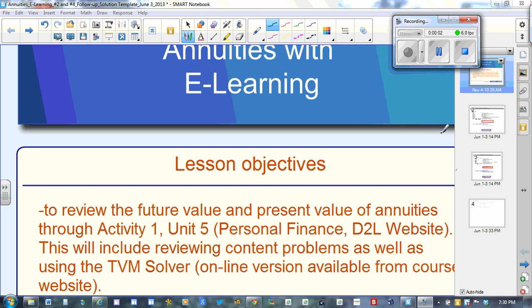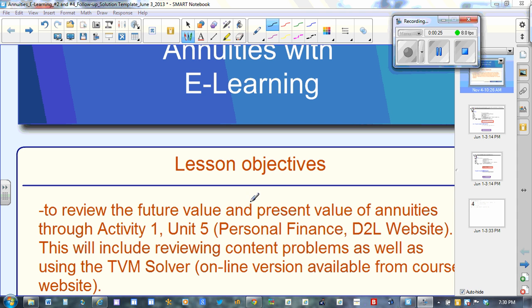In this video, you're going to see two examples being worked out with regards to what we call annuities. Remember that annuities were special types of investments where the same amount of money was being either deposited or paid back on a loan at regular intervals, be it daily, monthly, or yearly.